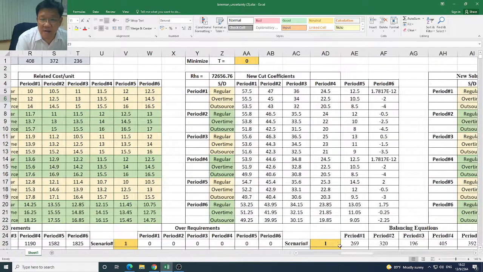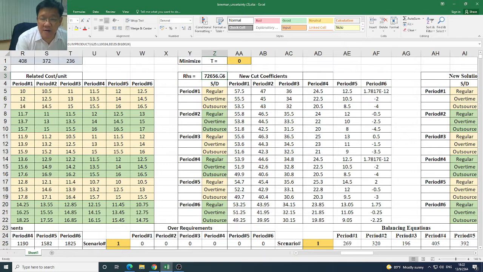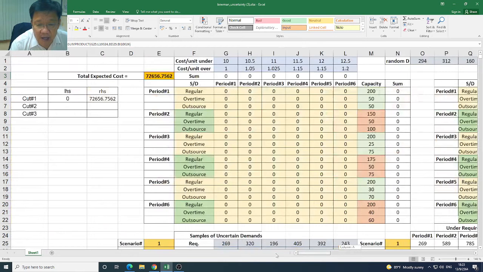This is the sum product of d sub ts, the demand at period t scenario s, with the optimum dual variable y for all ts. This is the right hand side, and I'm going to link it here to become the right hand side of this optimality cut constraint, and the left hand side is here.